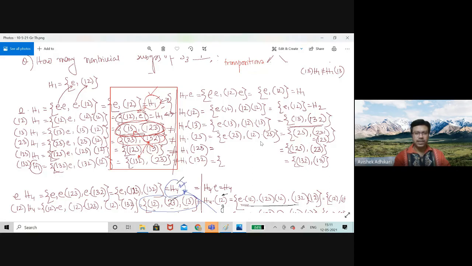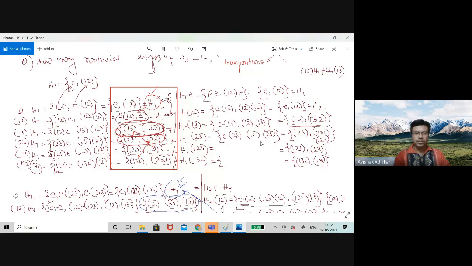And you see that we could find three different types of left cosets. Maybe {E, (1 2)} is one type. Here also we get {E, (1 2)}, and then (1 3) and (1 2 3). This is a different type, but again (1 2 3), (1 3) are the same type here, and here also we get the same type, (2 3) and (1 3 2).